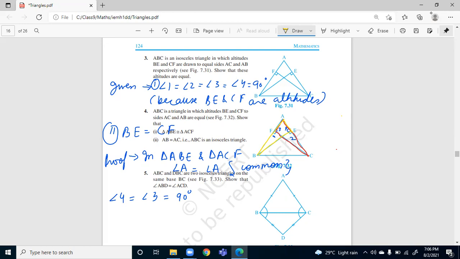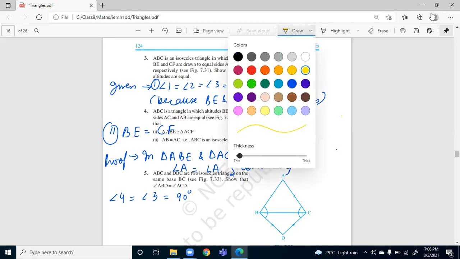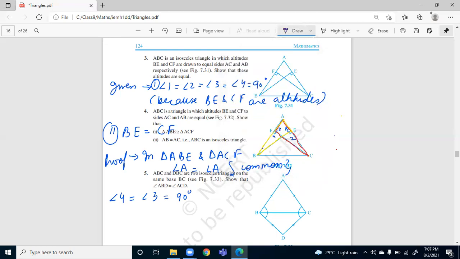And if two angles are equal, then the third angle of the triangle will also be equal. So you can just mention the numbers. You can mention it as 5 and you can mention it as 6. Then 5 is equal to 6. What is the reason?